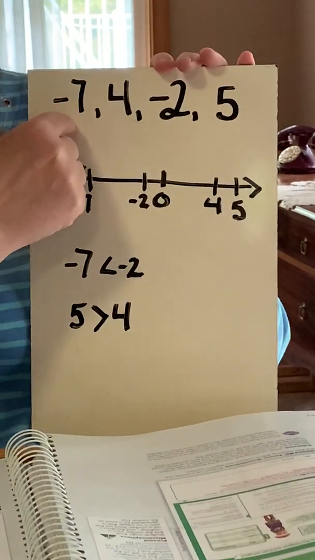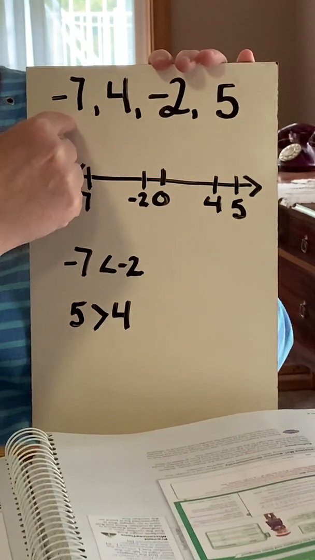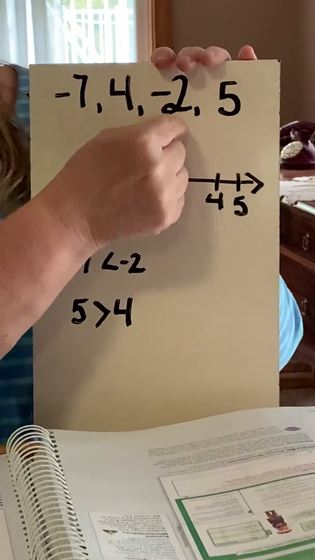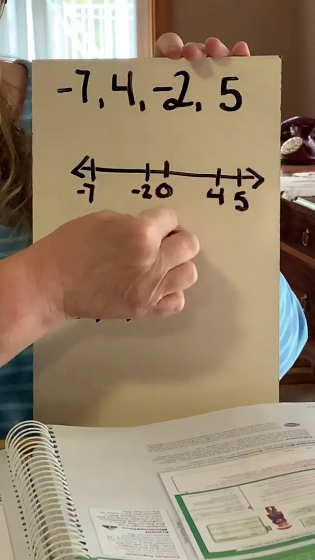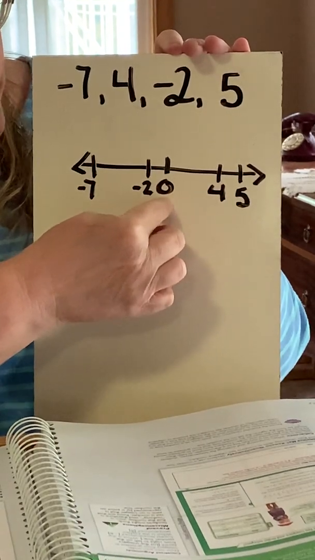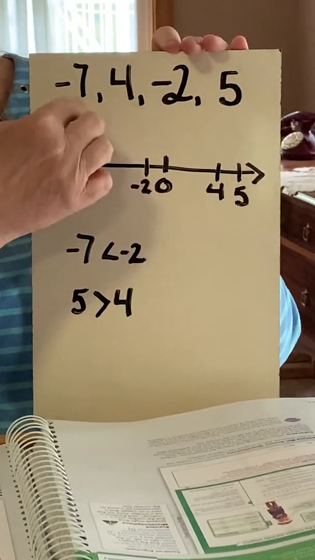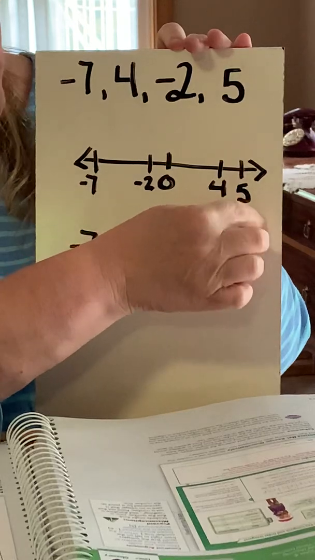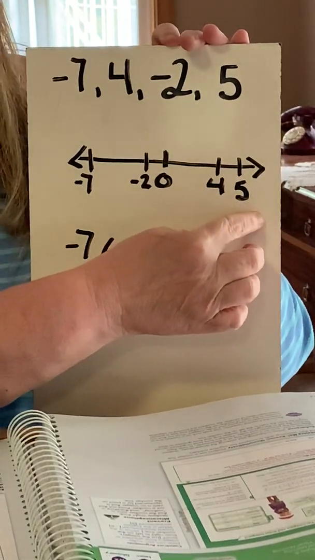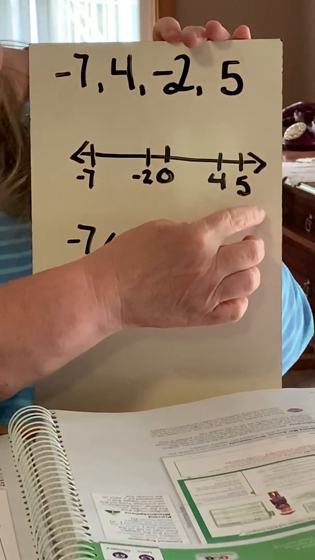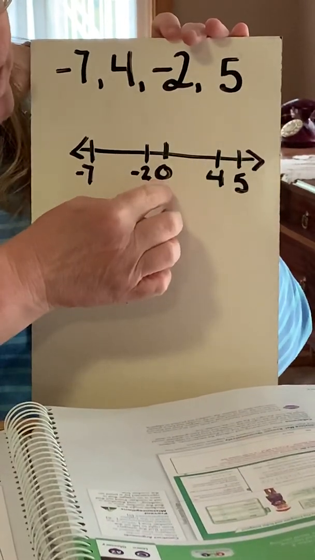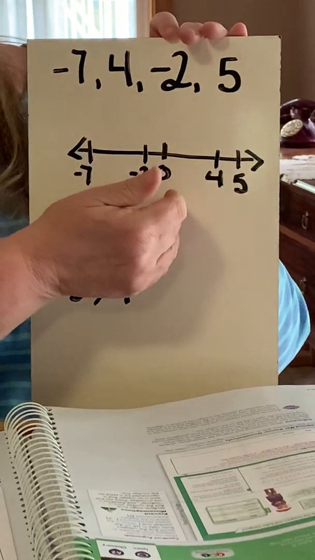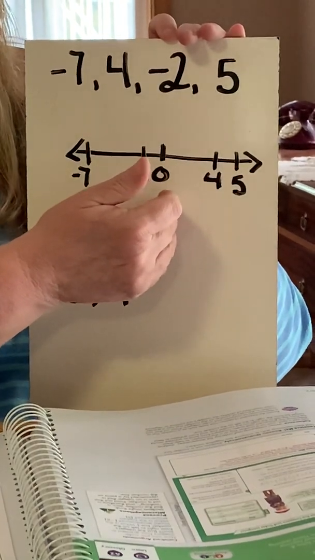So if I had negative 7, the opposite of 7, 4, negative 2, and a 5, I could use the number line, there's 0, okay? 5 is all the way to the right, so that's my greatest number. Then 4, then we have 0, which is just a starting point for you to understand.